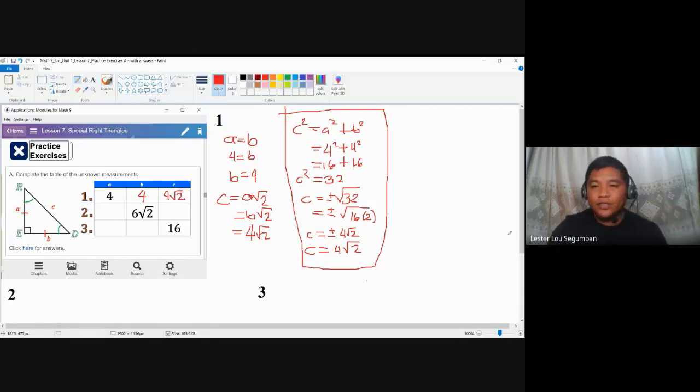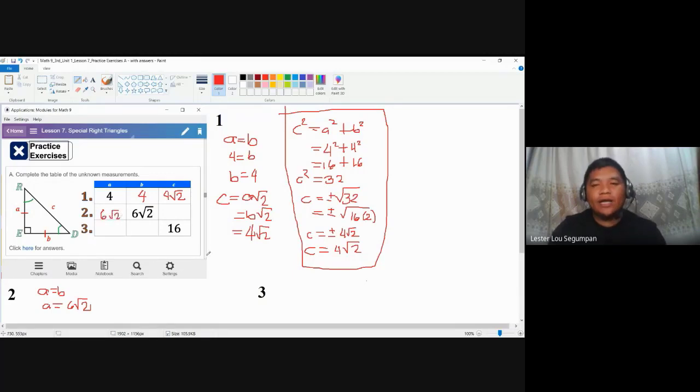Applying the same concerns for number 2, A is equal to B, so A must be equal to the value of B, which is 6 square root of 2. You have 6 square root of 2.